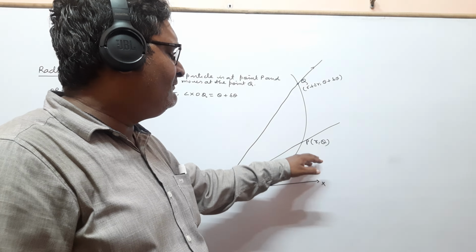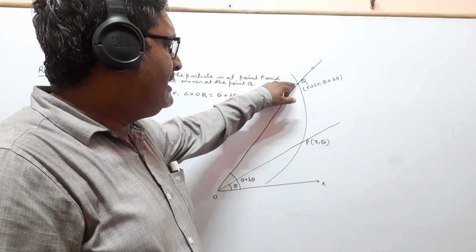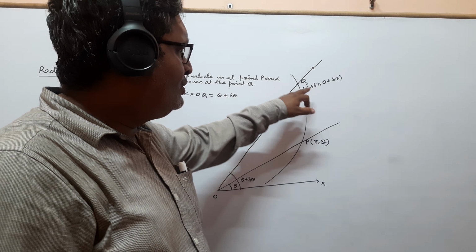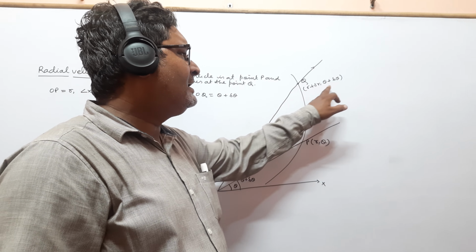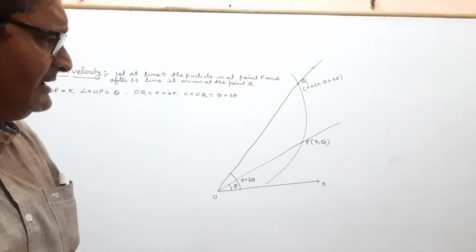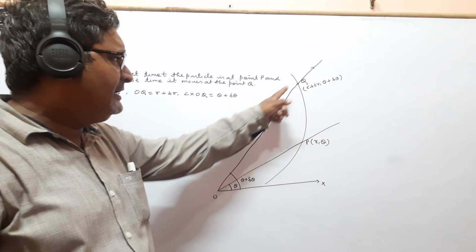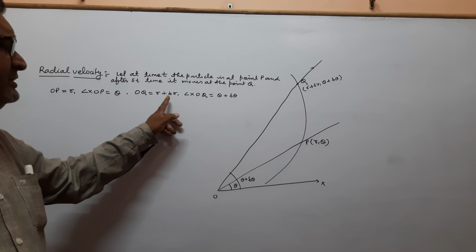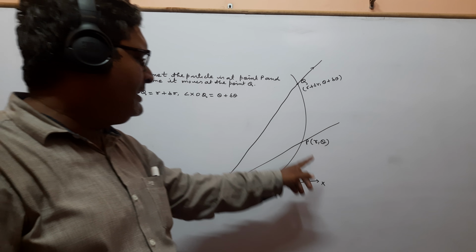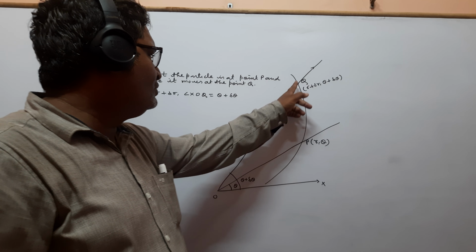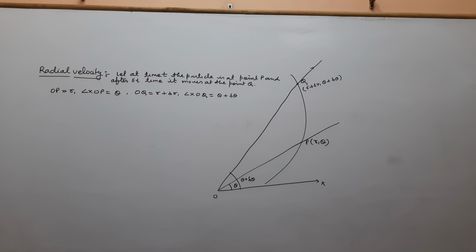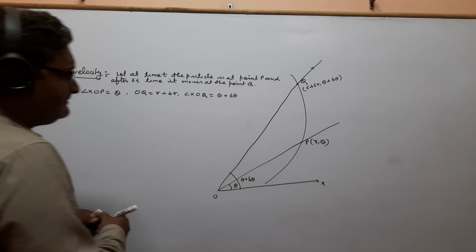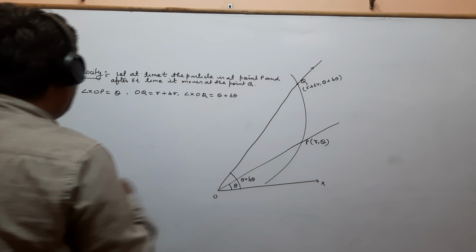After del t time, when the particle is at the point Q, the polar coordinates of Q are (r plus del r, theta plus del theta). So radius vector OQ is equal to r plus del r, and angle XOQ is equal to theta plus del theta. Now we find angle POQ.